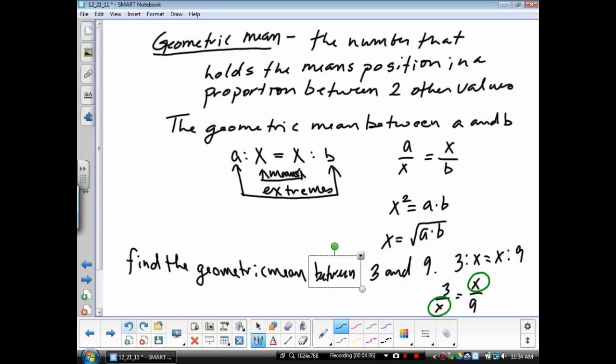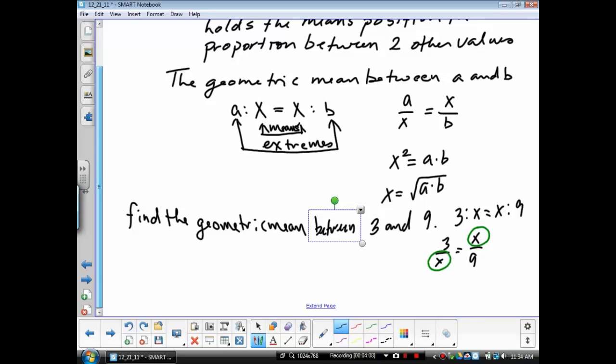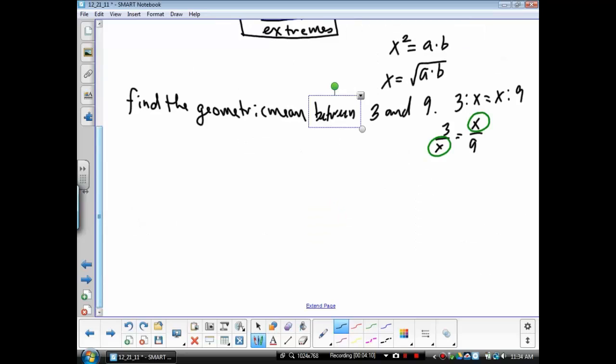So when we solve this to find the geometric mean between 3 and 9, we will cross multiply, giving us x squared equals 27. Now we have to take a square root to find the geometric mean.